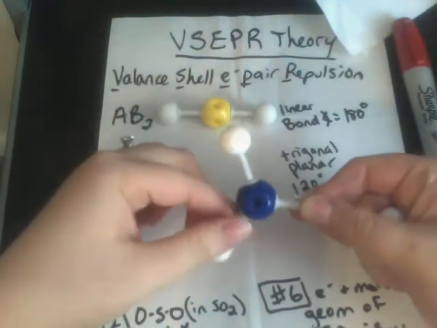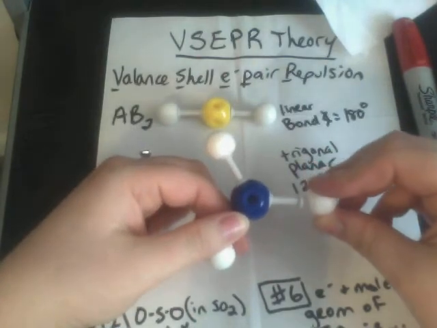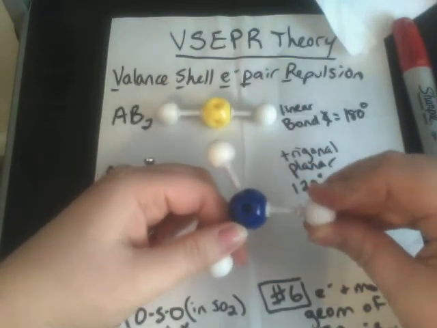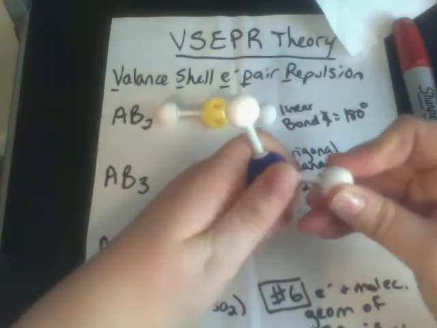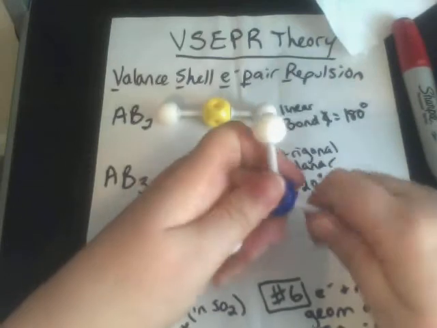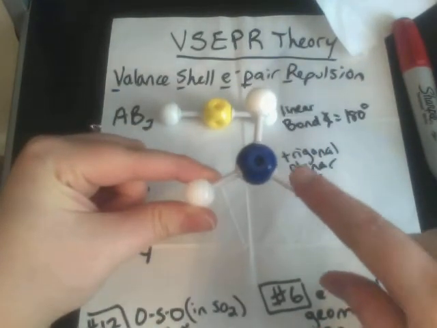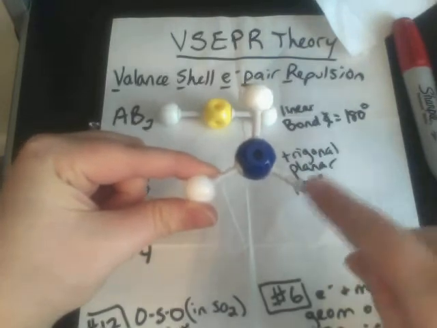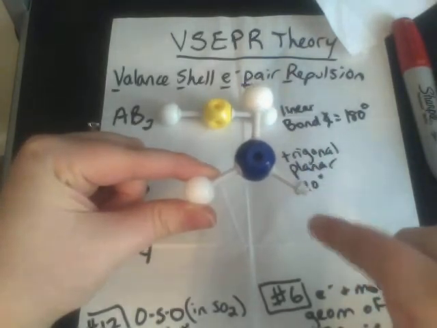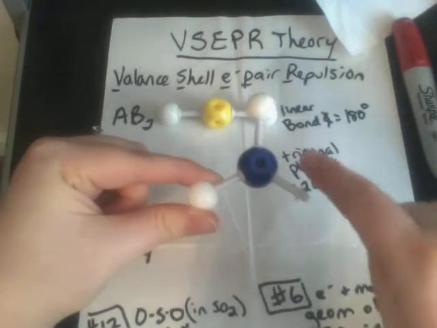If they were all perfectly bonded, it would be 120 degrees perfectly. But if I remove one of these, what happens? This is a lone pair. It's two electrons that do not have a positive nucleus over here. So these are basically untamed, kind of. They take up more space.